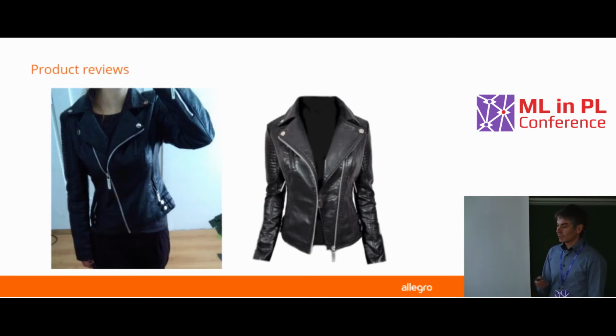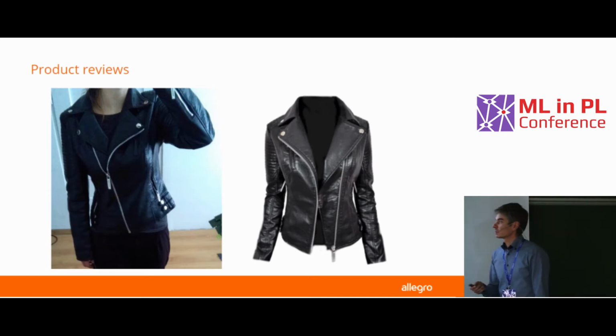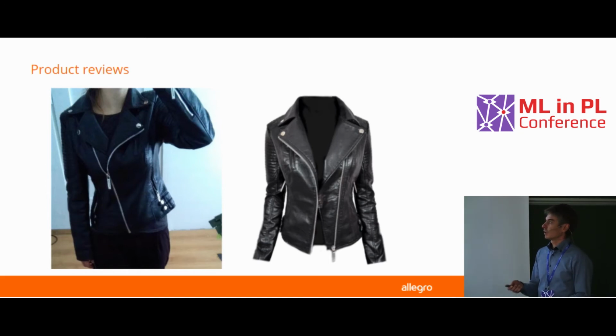Such pairs would have this advantage that one of the photos comes from our offers, so it is a high quality photo on a white background. And the other photo comes from our users, so it's probably poor quality and very similar to the photos they will use later in image search.